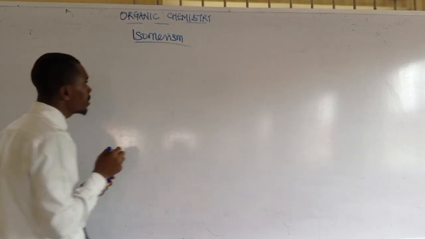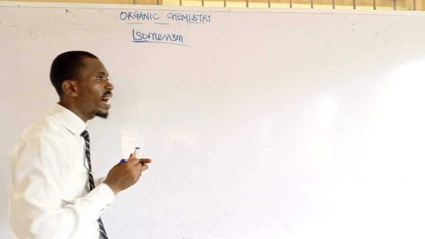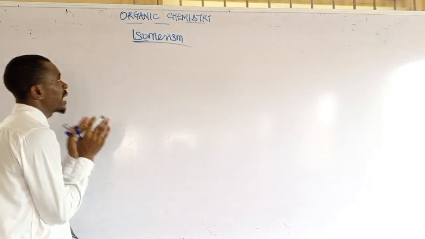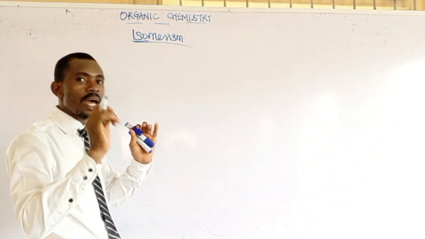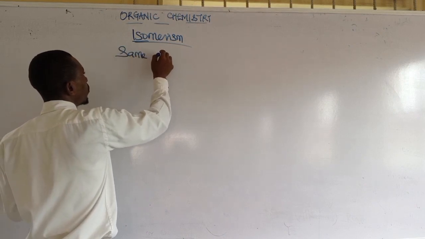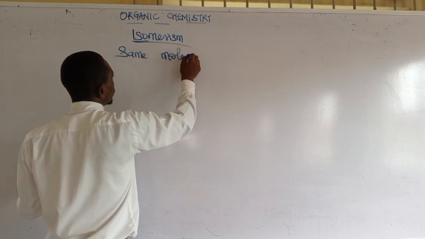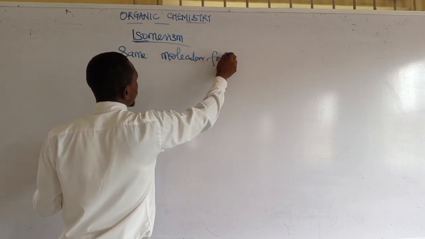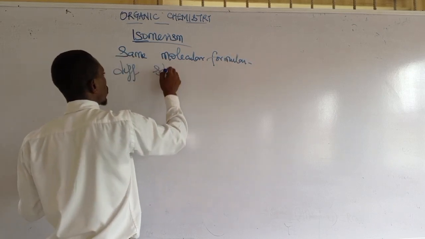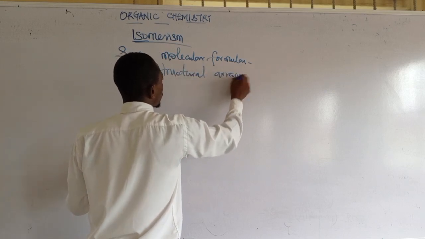So isomerism basically means, iso means the same. So these are compounds that have the same molecular formula. There are different types actually, but I'm going to be narrowing my teaching to structural isomerism. They have the same molecular formula, but different structural formula or different structural arrangements.